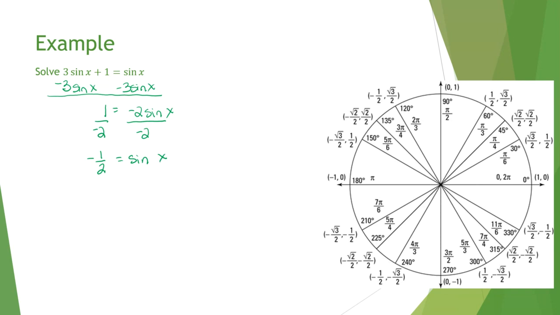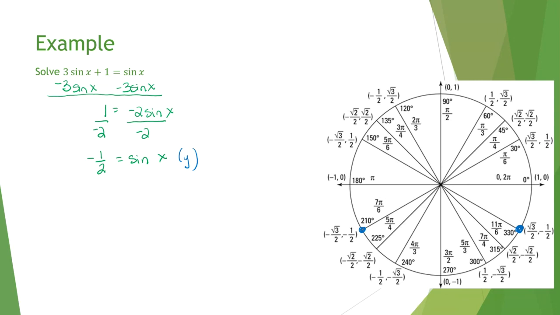So now we're looking for x. We're looking for the angle. And sine is the same thing as y on our unit circle. So where is our y value negative 1/2? That gives us 11 pi over 6. And then we have another one at 7 pi over 6.